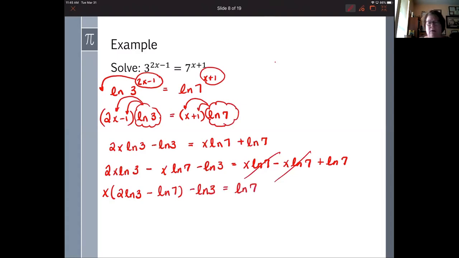All right, so now I have the x term on the left-hand side of the equation, but I still have this minus natural log of 3 on the left-hand side. So I'm going to move it to the right-hand side by adding that to both sides. I'm just going to write it underneath this time.